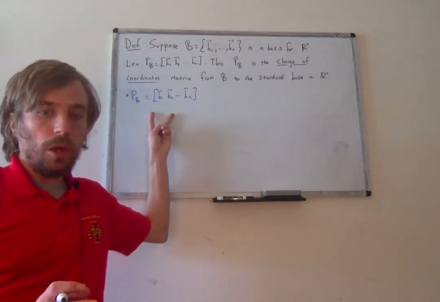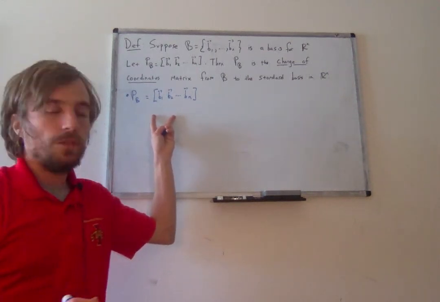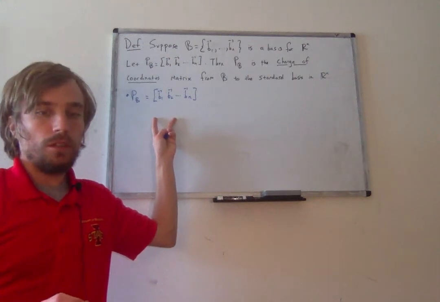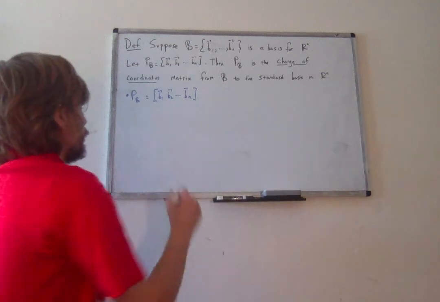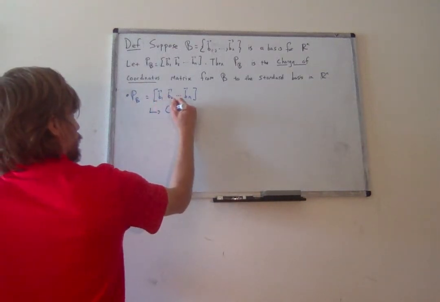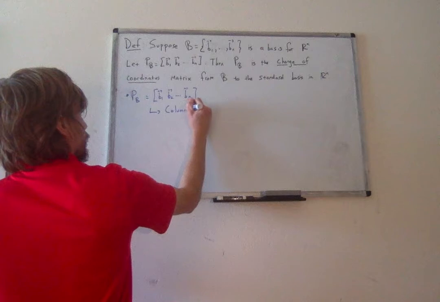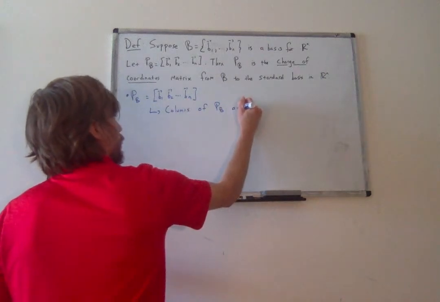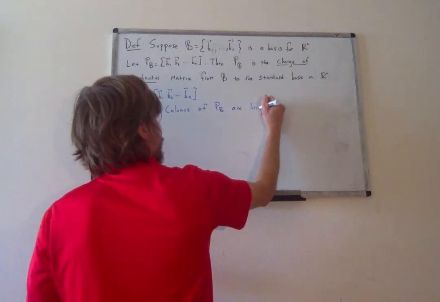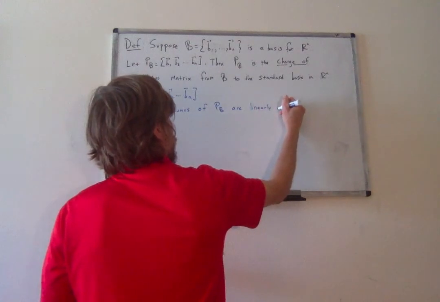I'd recommend pausing the video here and trying to convince yourself of this before I prove it. All right, so why is P sub B invertible? Well, notice that the columns of P sub B, by definition, are linearly independent.